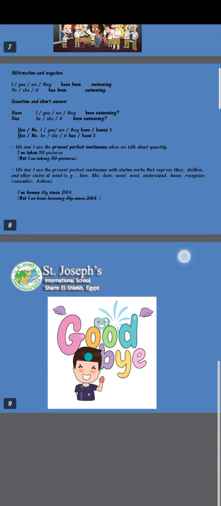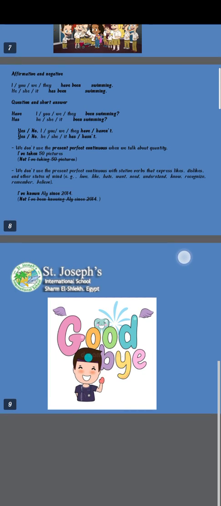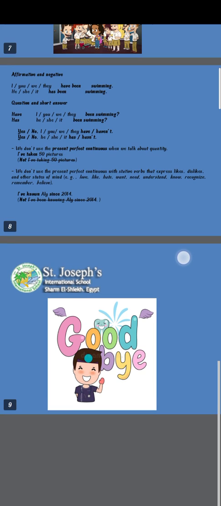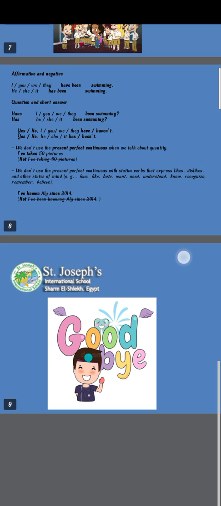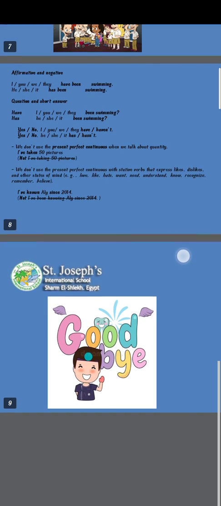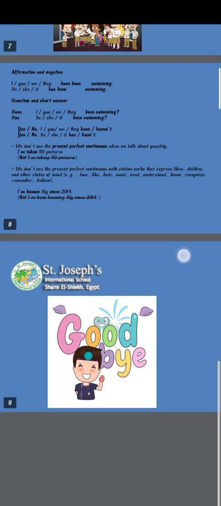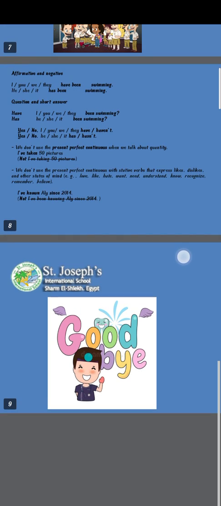Next, we don't use the present perfect continuous if you use a state verb. A state verb is a verb that can express emotions, likes, dislikes, appreciation, love, etc. And you can say love, like, hate, want, need, understand, know, recognize, remember, believe.